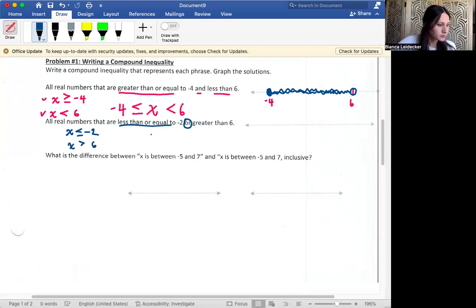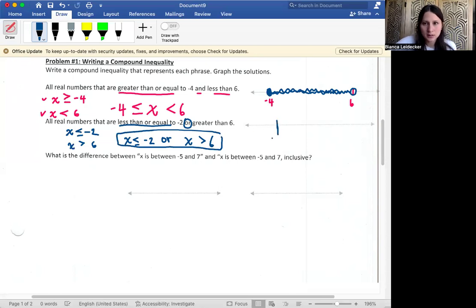So putting this as a number sentence, we would have to use the word or so that we're not writing it as one single inequality, because with the word or, we have to look at them as separate statements. And so we would literally just rewrite what we wrote on the side. x is less than or equal to -2, or x is greater than 6. And this would be your answer as a statement.